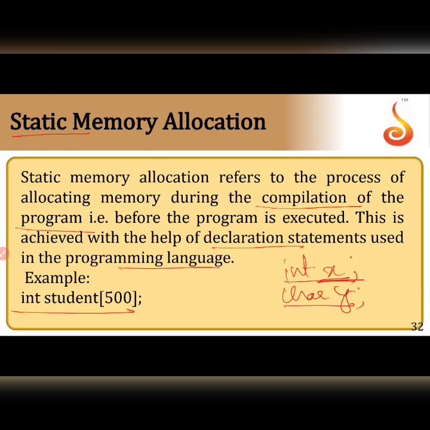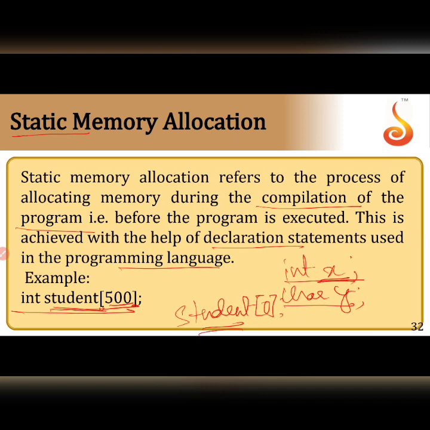For example, for an array, how many bytes of memory would be allocated? 1000, because 500 elements, each carrying 2 bytes, so 500 into 2 is 1000 bytes. That many bytes of memory would be allocated to student, and student would point to the 0th memory location because it's an array. An array name is always a constant pointer which points to the first element of the array.